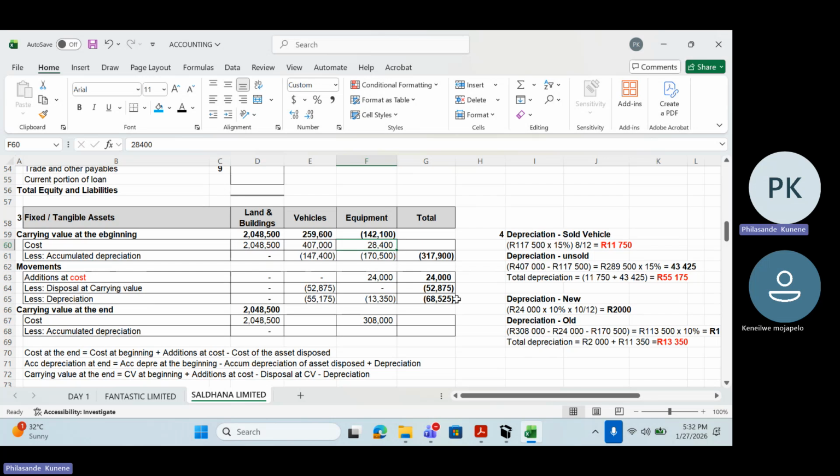Okay, maybe this cost is wrong. How much did we say this is, 284,000? I think there's a zero missing here. Then we're getting 113,500.